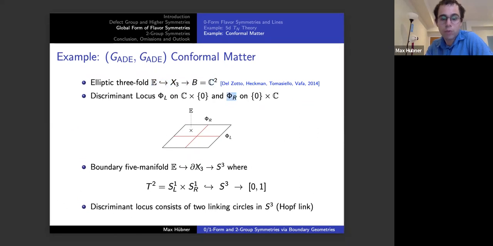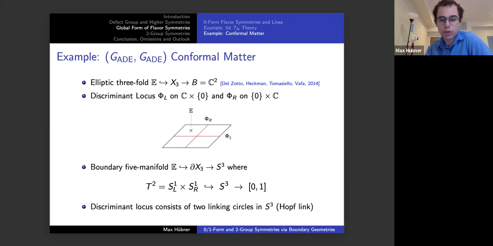The boundary of this space is now elliptically fibered over an S3, and it's going to be convenient to think about this S3 as itself fibered over an interval. And this is because each of these planes intersects the boundary in a circle. And we can think of these circles as the circles projecting to 0 and to 1 in this fibration of the 3-sphere base.